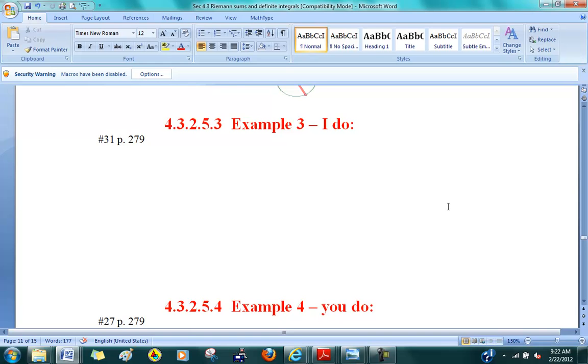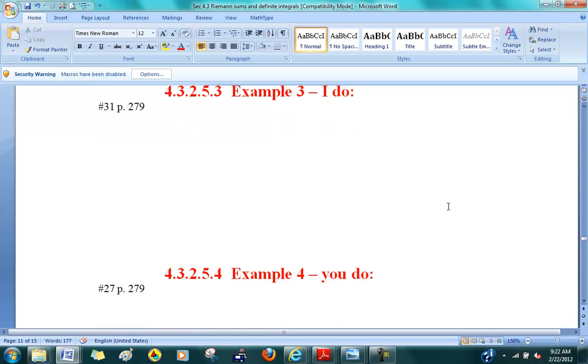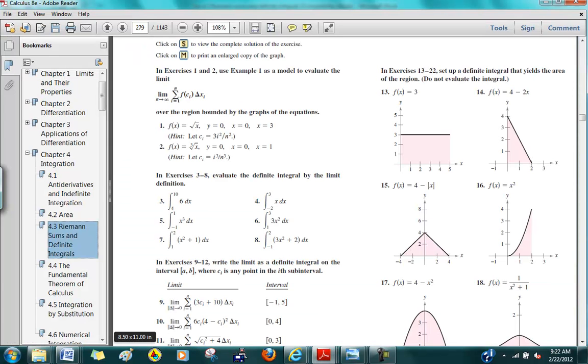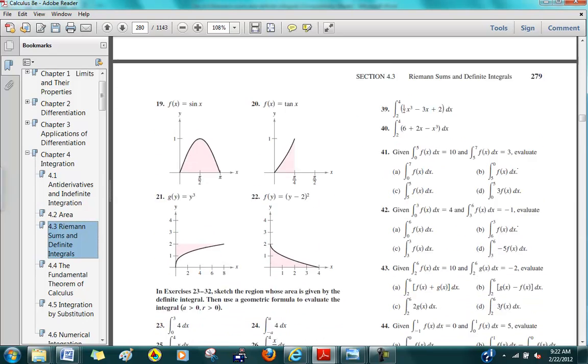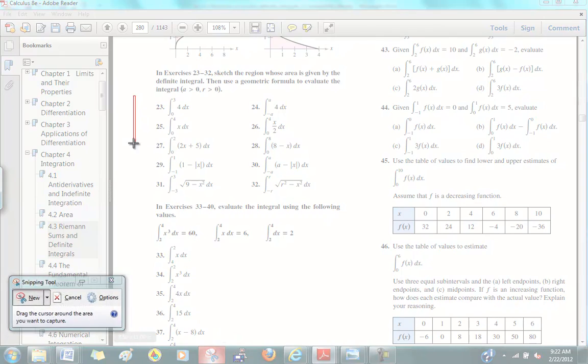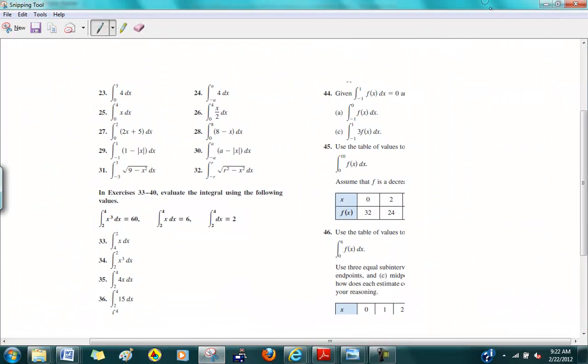So I do number 31 and you do 27, okay? So I'm going to do 31. Okay, so I'm doing number 31, and you're going to do 27? Yep. Okay. All right, 31.